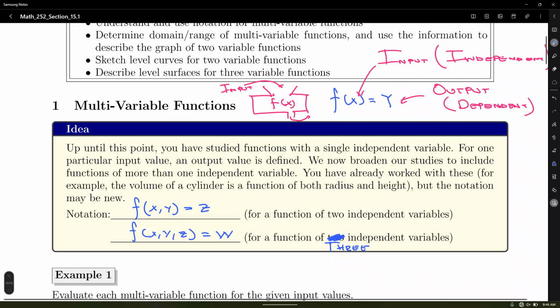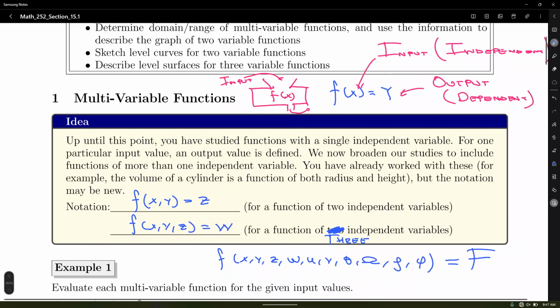You can define another function, f of x, y, z, w, u, v, theta, omega, rho, phi, as many variables as you want, right? And call this simply, maybe big F if you want. Typically we call it big F or big G. That's going to be later when we get to gradients and directional derivatives.